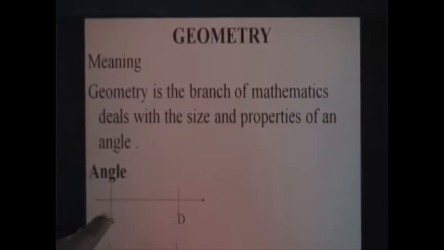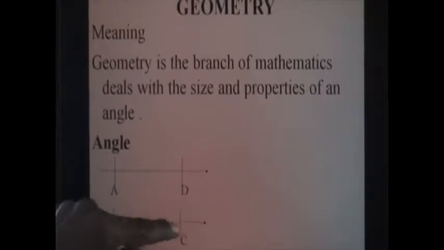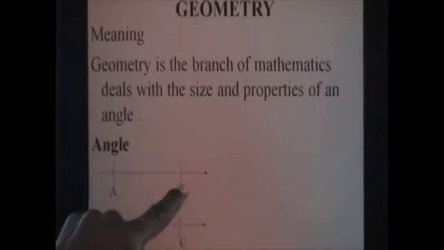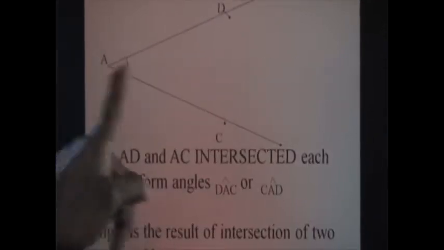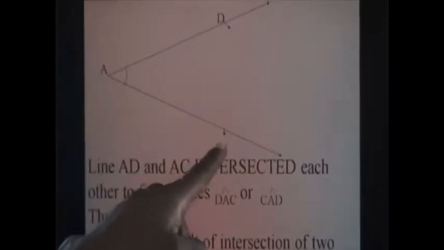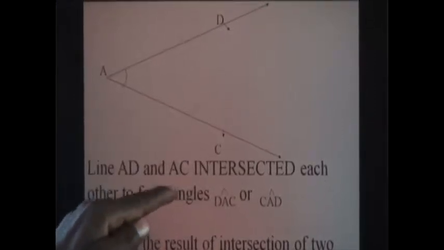Now, imagine line AB and line AC. So, this is line AB and this is line AC. And therefore, we just say when AB and AC intersect each other, they form what we call an angle.